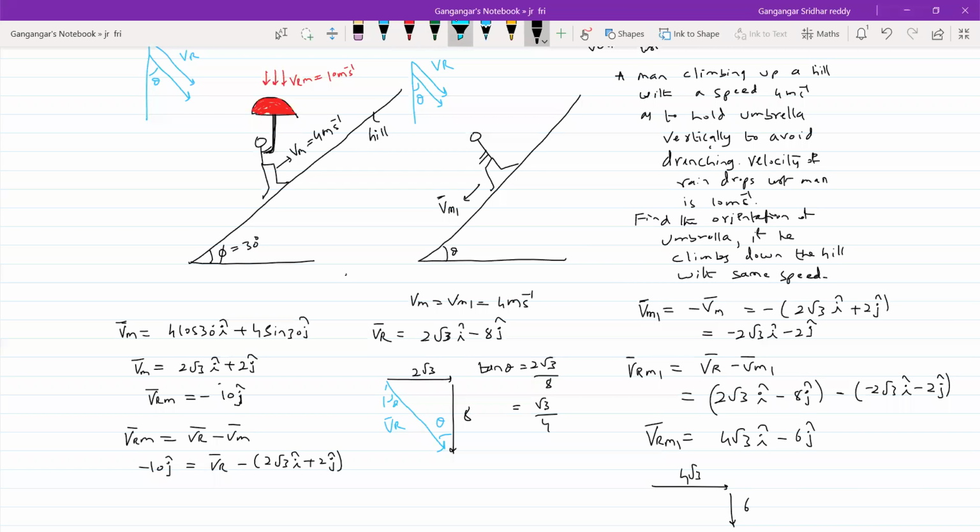So the direction of VRM1 bar will be somewhere like this. Call this angle alpha. So tan alpha is 4 root 3 by 6, which will be 2 by root 3.